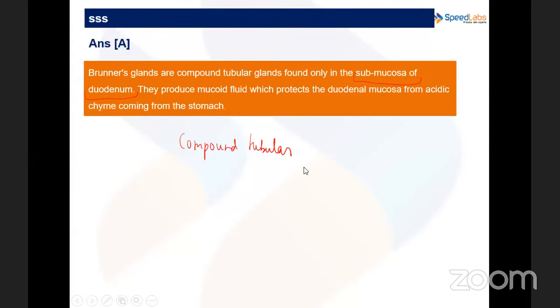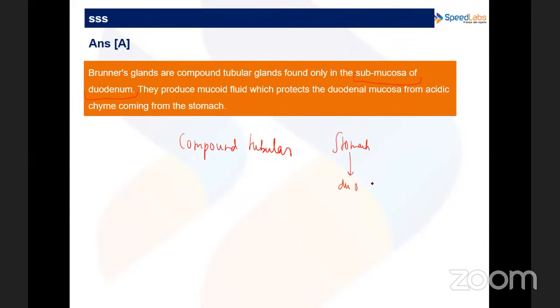And what is the function of it? It produces mucoid fluid. It produces mucus. And how does mucus help us? It protects the duodenal mucosa from acidic chyme coming from the stomach. So this is the stomach, for example. From here, the acidic chyme reaches the duodenum.